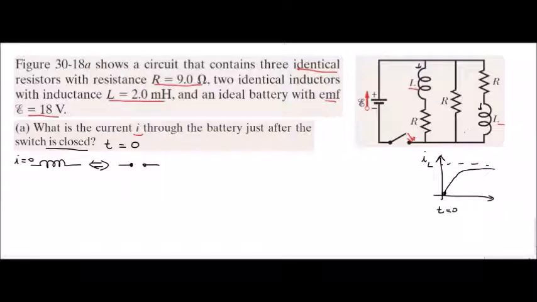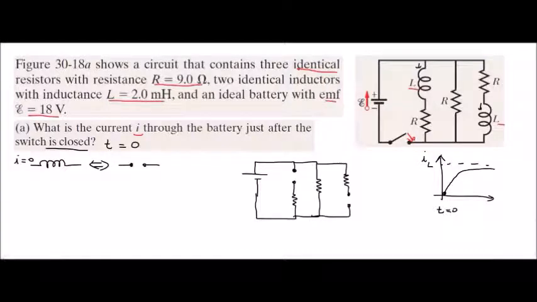So I can draw the same circuit but replacing the inductor by a broken wire. So let's do it. We have a broken wire here, we have a resistor here, we have this resistor here, and we have a resistor here and a broken wire here.